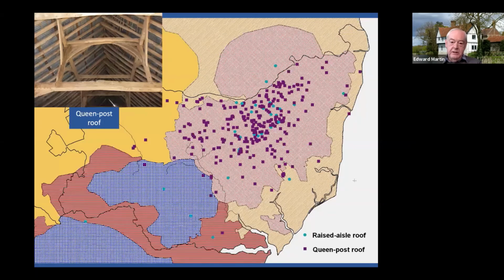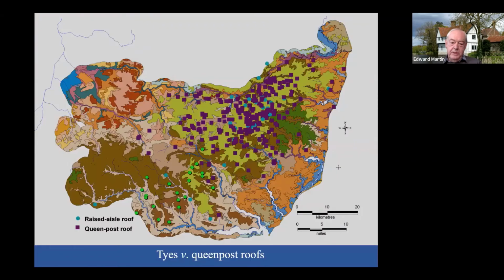And so it is an interesting question when we look together with ties, for instance, that we can see that they are almost exclusive: you have ties in one area and you have queen post roofs in the other.